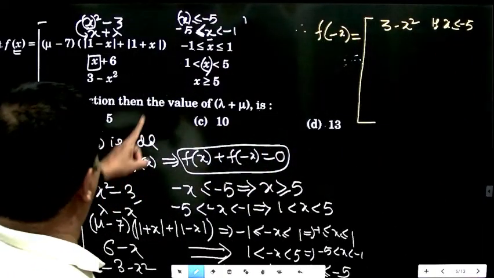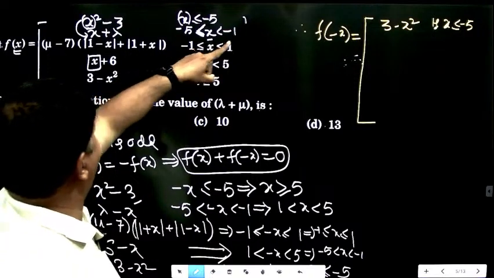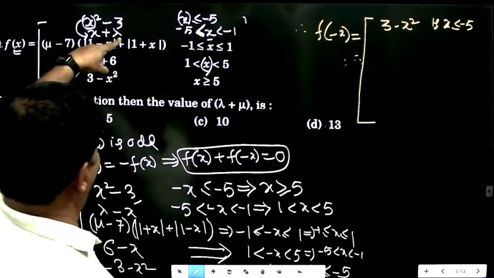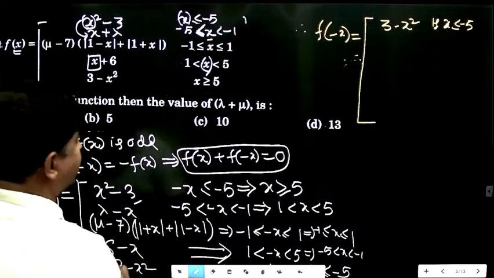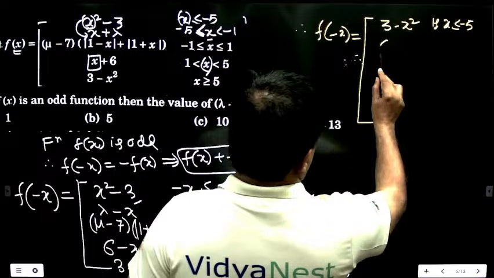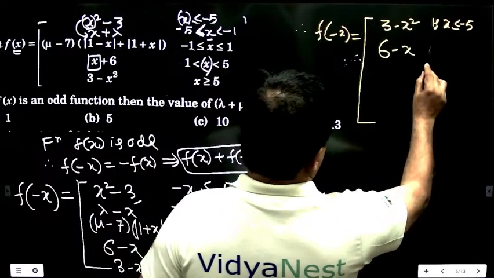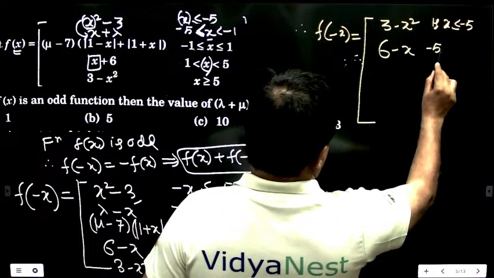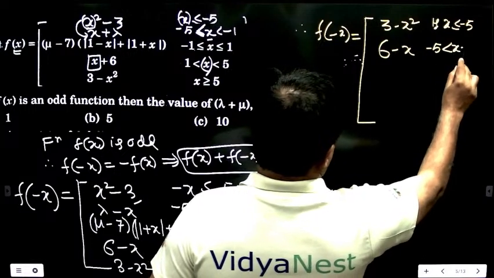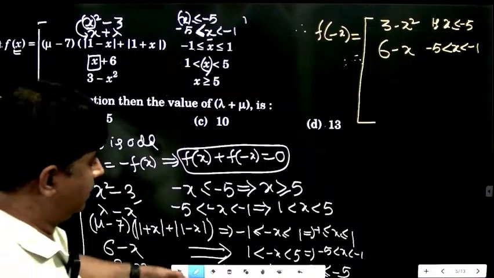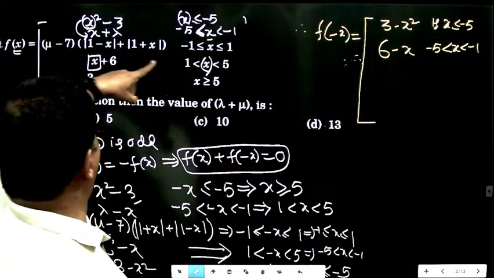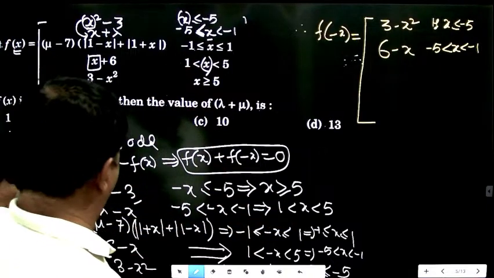Now, in the next interval, minus 5 to minus 1, f(x) was x plus lambda and f of minus x is 6 minus x. Now, in the next interval, minus 1 to 1, f(x) remains the same.